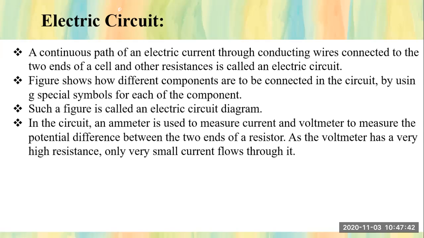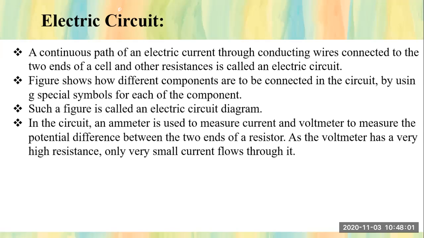An electric circuit is what? It consists of different components that are connected in it. And how are they connected? We are connecting them using specific symbols. Such figures are called electric circuit diagrams.